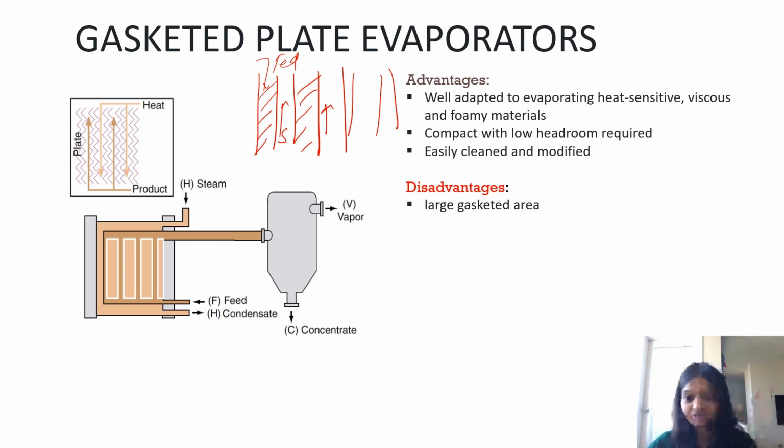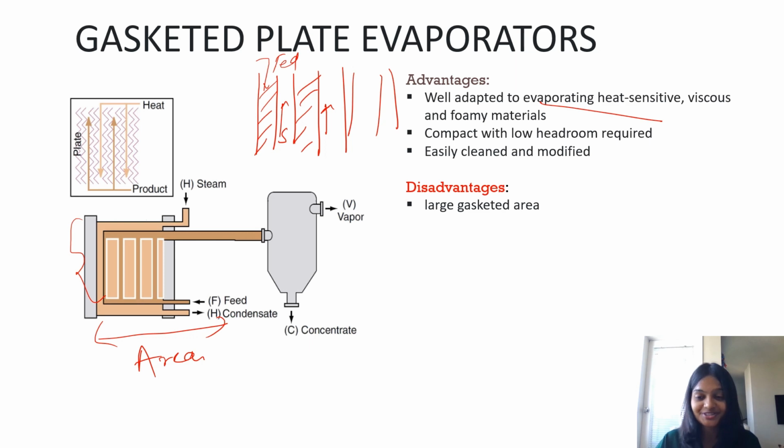The major advantage is that it is used for evaporating heat sensitive liquids. It is compact with low headroom, and it is easy to clean and modify. You can disassemble the plates, but the major disadvantage is that it requires a very large gasketed area. So this is about gasketed plate evaporators.